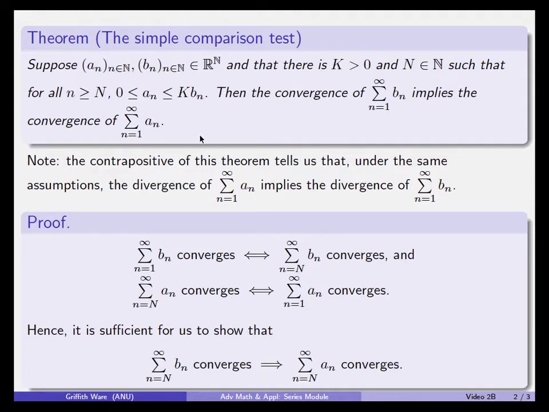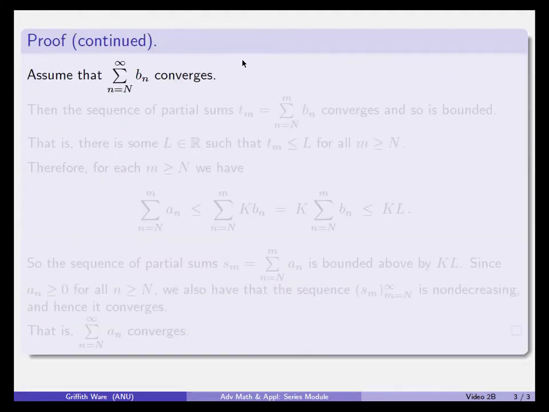Okay, so the meat of the proof goes as follows. We're trying to show that on this assumption that the tail of the series BN converges, that implies that the sum of the AN must converge. Right, so we start by assuming that the sum from capital N to infinity of Bn converges.